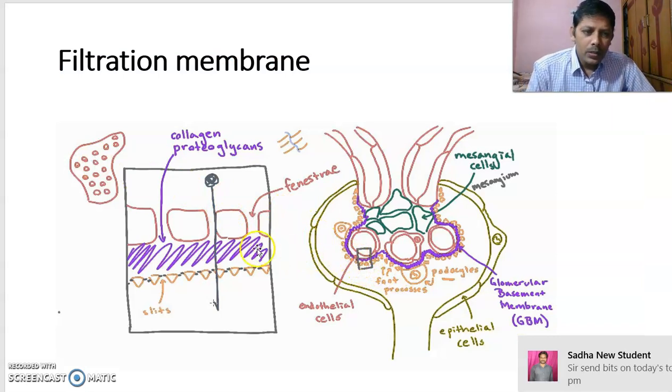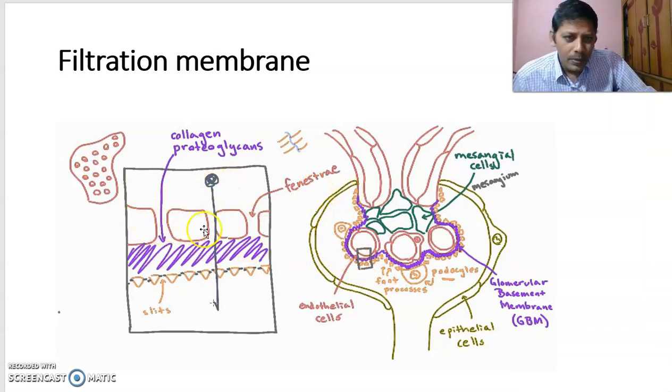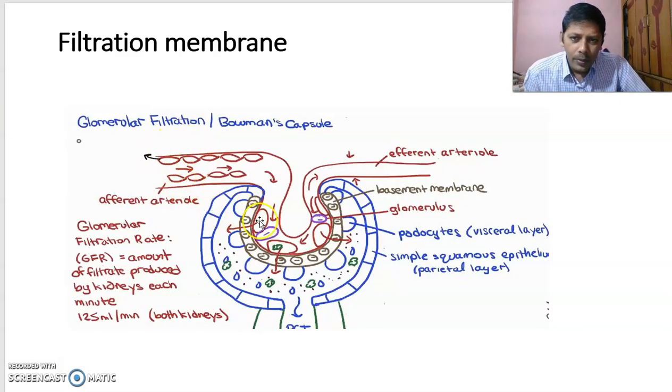You can see here the filtrate membrane consists of three parts. One is this, the second is this, and the third is this. Let me show you again in another figure. This is the capillary wall of the glomerular capillary, then this is called the basement membrane, and these are the podocytes.